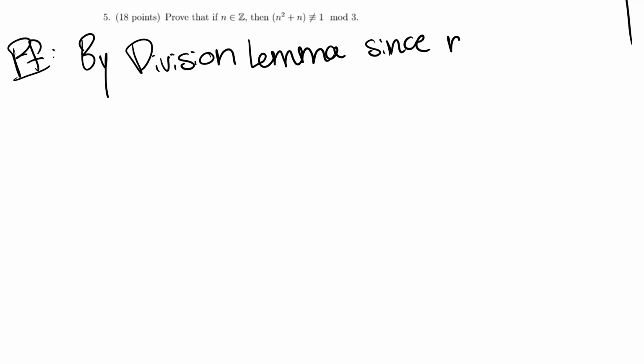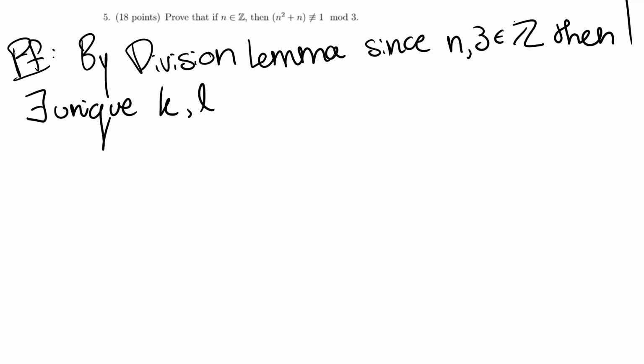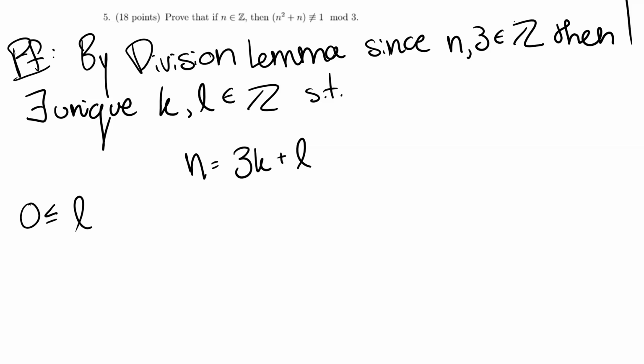Since n and 3 are in the integers, then there exist unique k and L in the integers such that, oh, I guess we usually use R, but that's okay, n equals 3k plus L. And remember, there's one last contingency on L, so 0 is less than or equal to L, which is less than the absolute value of 3, which is just 3. Okay. So L could equal 0, 1, or 2.